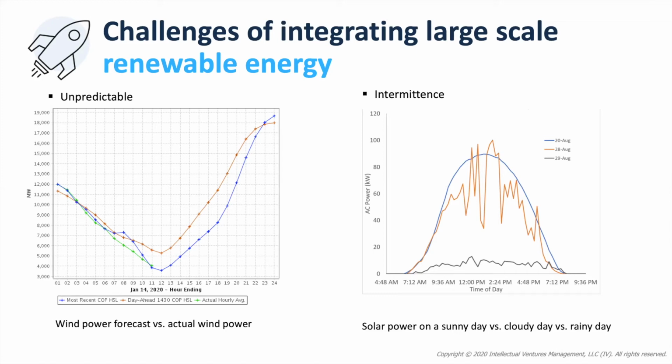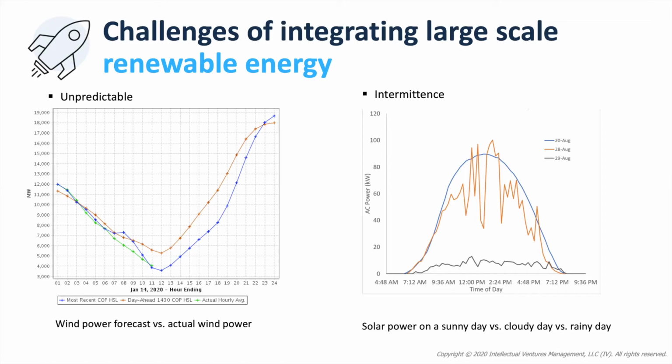And as you all know, when we generate electricity, we need to produce as much as there is demand in each instance. On the right-hand side, we have 3 different power outputs from solar plants on 3 different days: a rainy day, a sunny day, and a cloudy day.